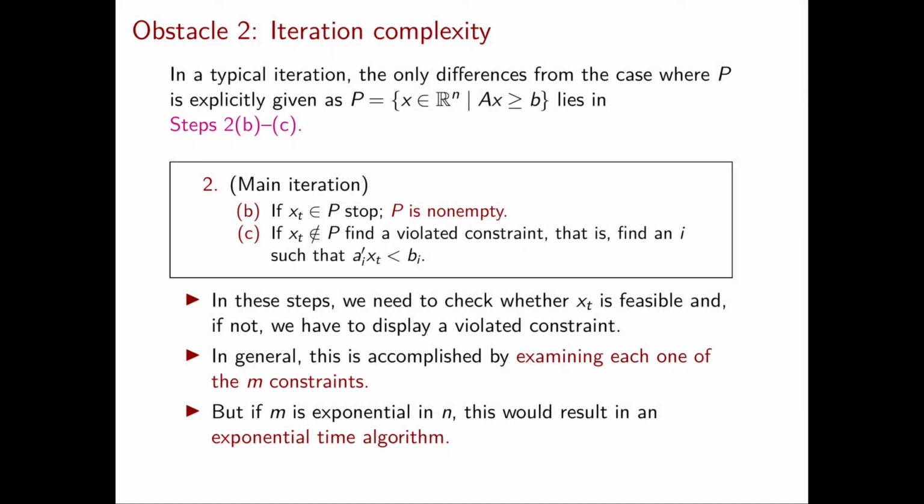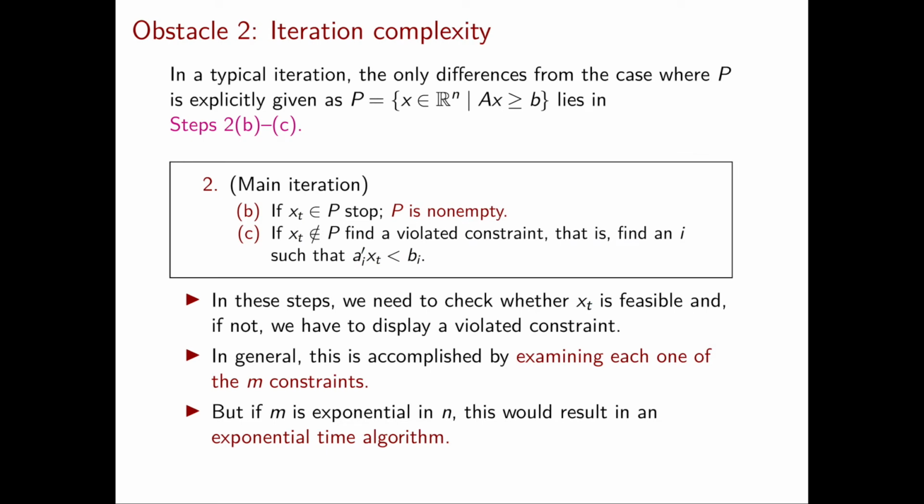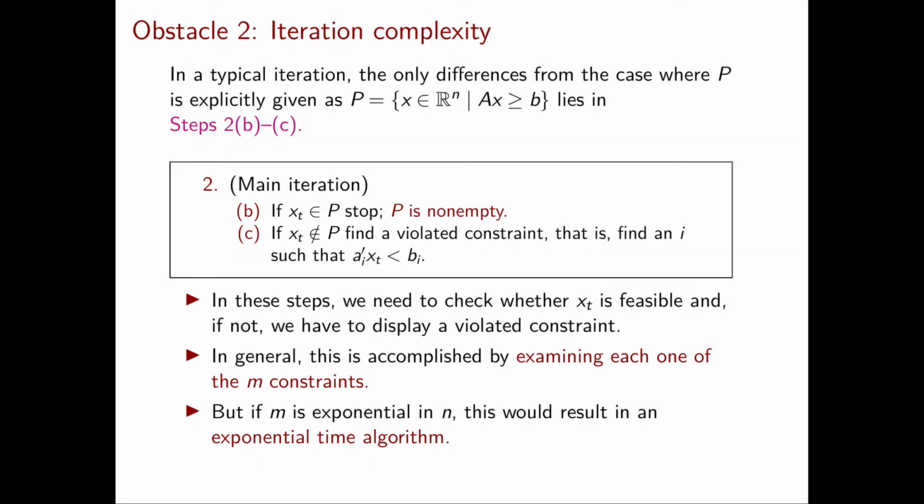In step b, we check if xt is in P, and if so, we stop, returning that P is non-empty. Otherwise, it means that xt is not in P, and we need to find a violated constraint, so an inequality from the system Ax greater than or equal to b that is violated by xt.